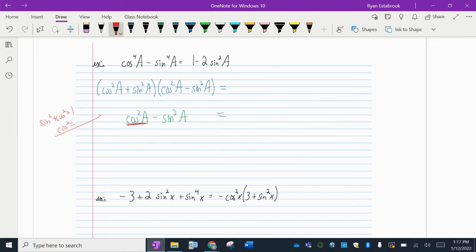So let's take this out and call it 1 minus sine squared, minus the other sine squared that's there, and see where this leads us. One minus sine squared minus sine squared. Isn't that 1 minus 2 sine squared of A, which is what the right side is equal to, so verified.